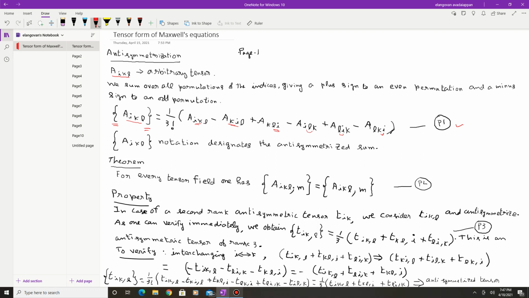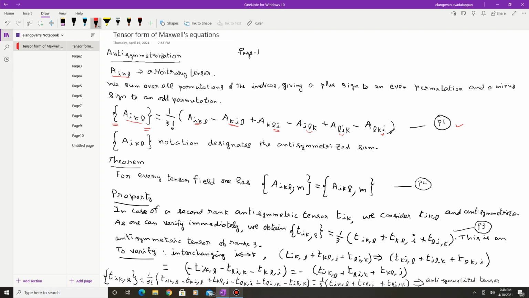Next we discuss one theorem. For every tensor field, one has the covariant derivative of A_ikl. Covariant derivative means differentiating with respect to the coordinate x^l.